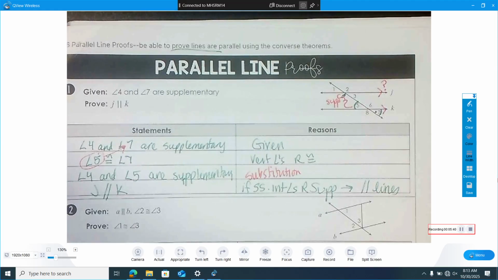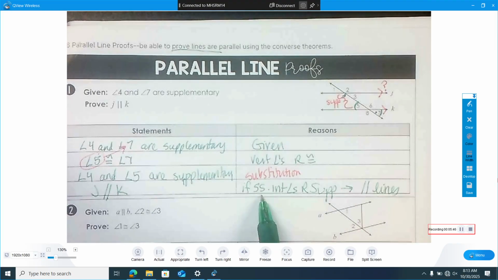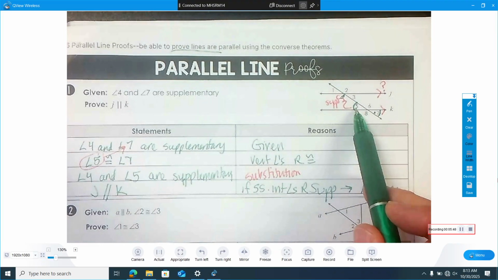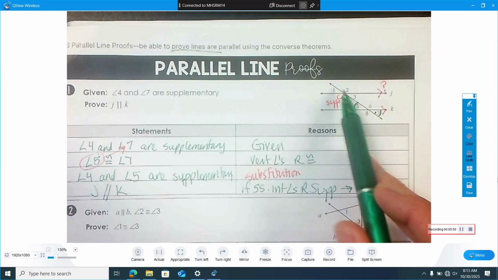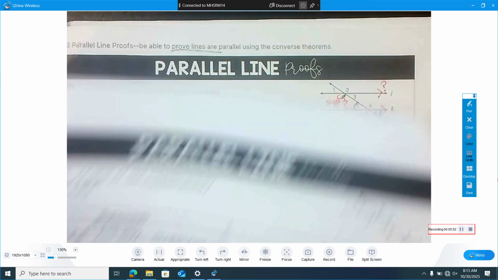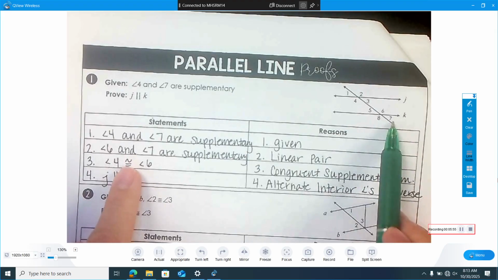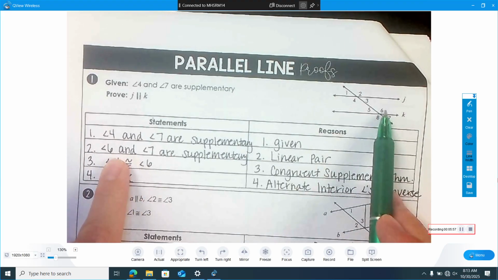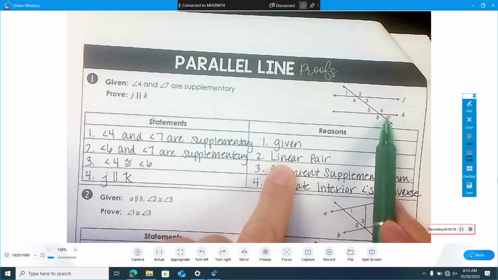There are about 18,000 different ways we could have made this proof happen too. And that's sort of what's hard about proofs, is there's literally 15 different ways we could have done that. We used the vertical angles. Hey, that was slick. And then we had the same side interior supplement. Here, she said, hey, 6 and 7 are supplementary because they are a linear pair. That's the linear pair supplement theorem.